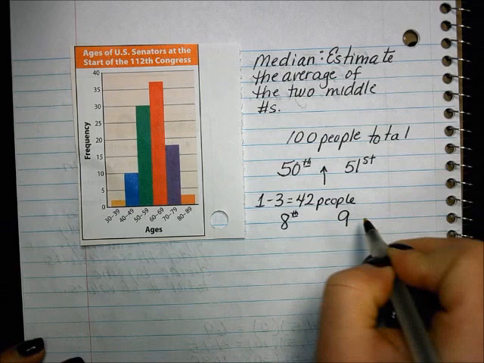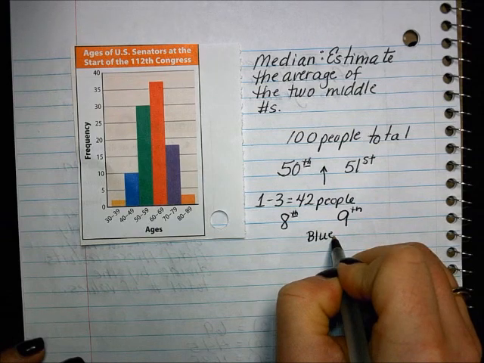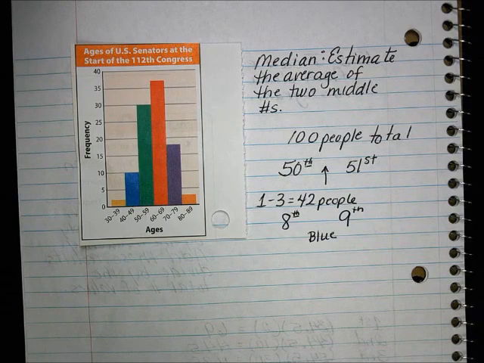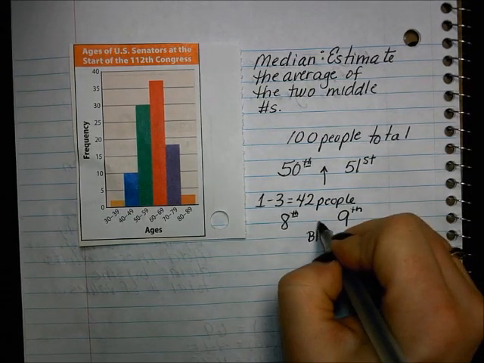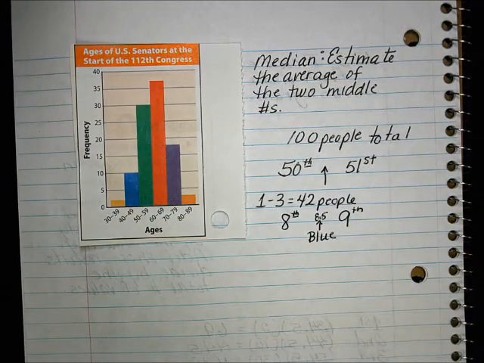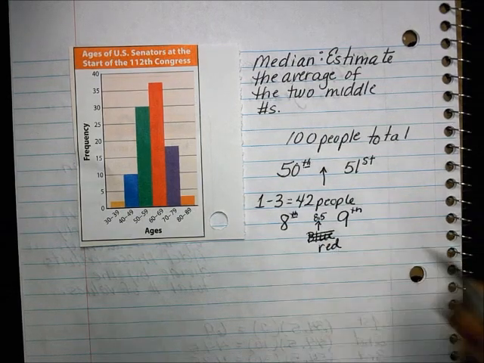So we want to know the 8th person and the 9th person into the red, and then we want to figure out what's in the middle of them, because we're trying to do the median. So we are really looking at what would 8.5 into the red be for an age. Sorry, not into the blue, into the red. My apologies.